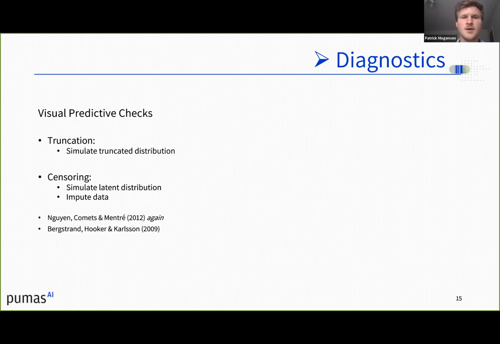Luckily, there were some papers that described how to handle that, and we can simulate what, let's say it's a concentration, if it was censored, and then we can impute some data and use that to draw some VPCs. It has a lot of drawbacks, but it is something that you can do, and we do support it in Pumas.